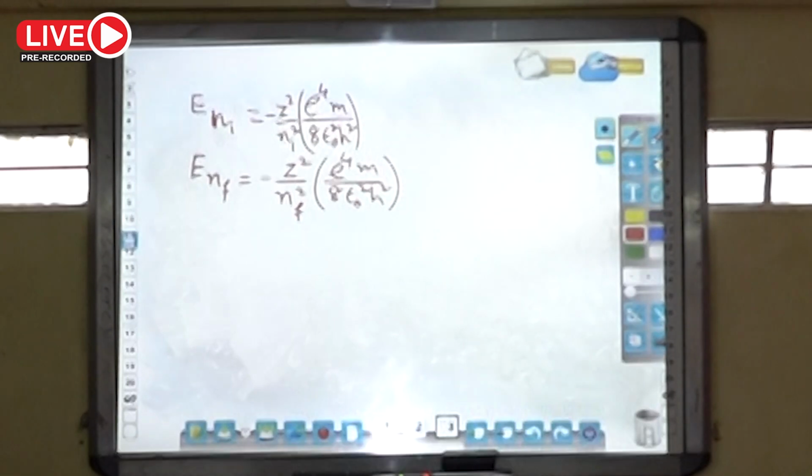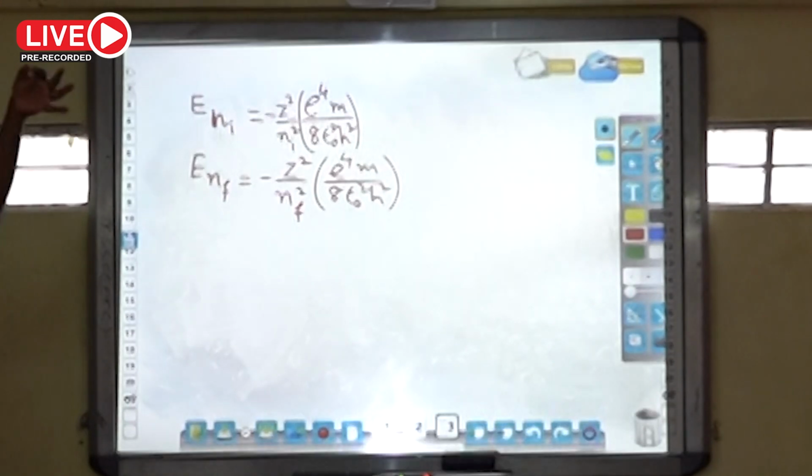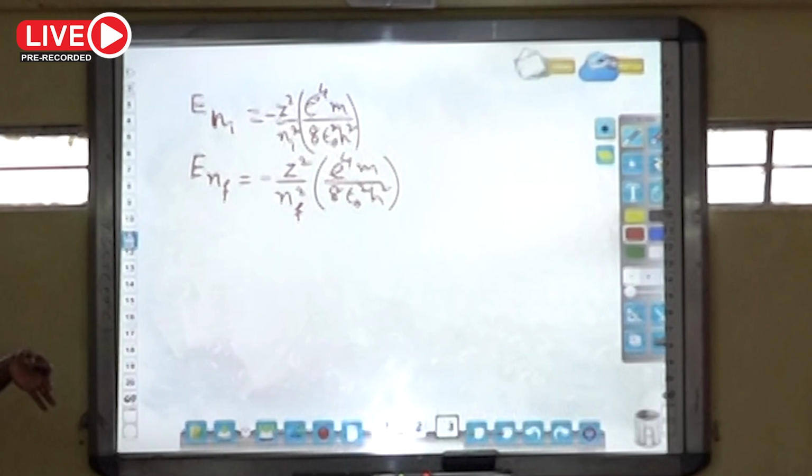Okay. So when electrons are moving from one orbit to another orbit, it will release some energy if it is going from higher orbit to lower orbit. So let us consider Ei is some higher orbit, and now the electron jumps from higher orbit to lower orbit, so it will release a certain amount of energy.